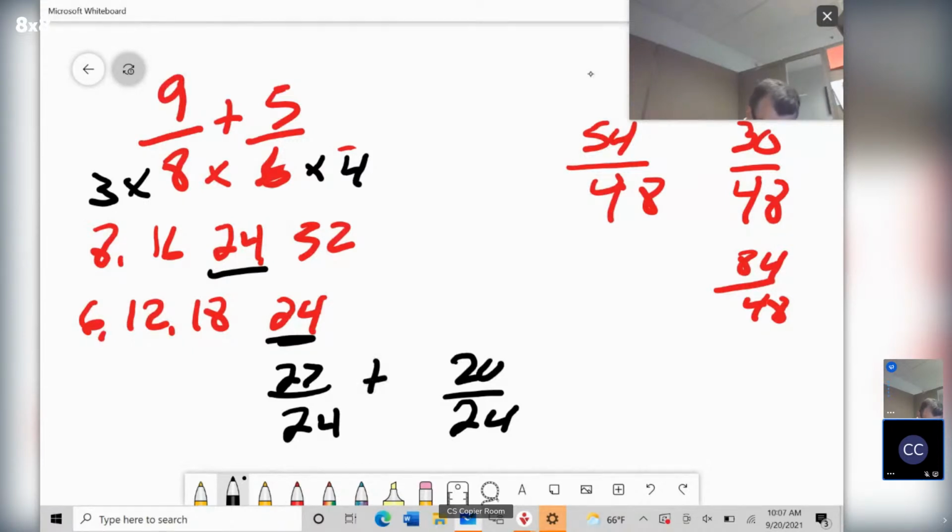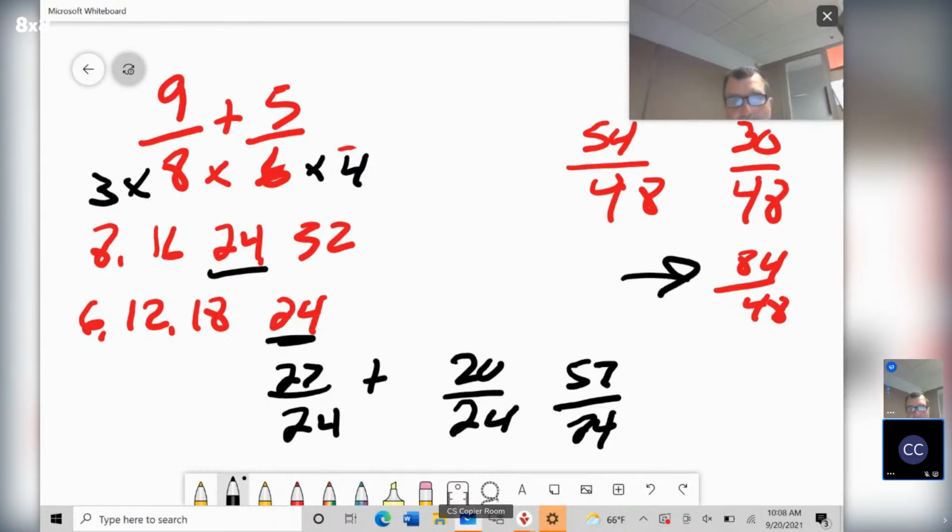So we're going to get, in this case, 57 over 24. Okay, so let me make sure I did that right. 57. Okay, so you're just getting a smaller number because you're going to have to reduce a little bit more over here, but you can certainly do that if you're familiar with reducing.